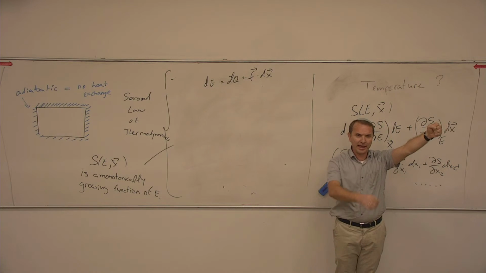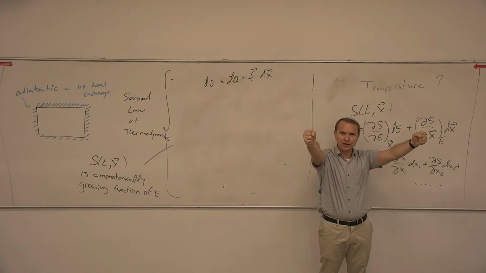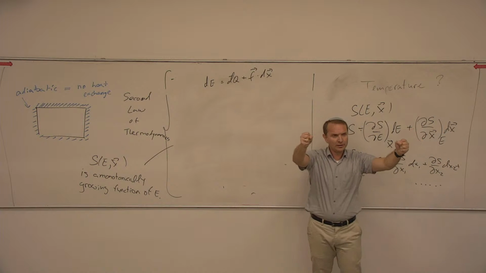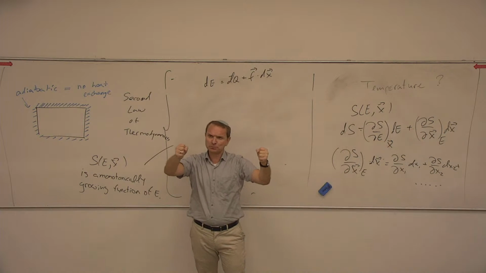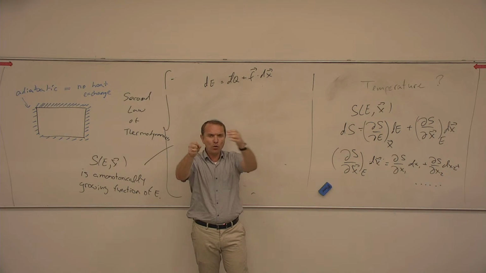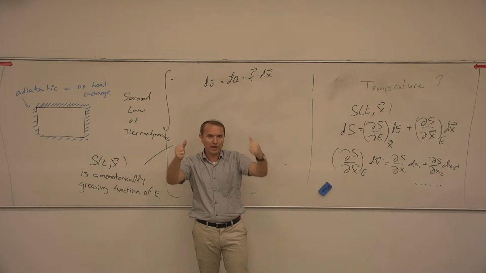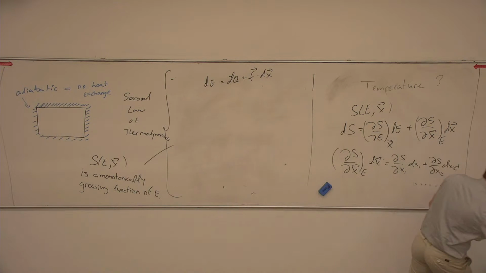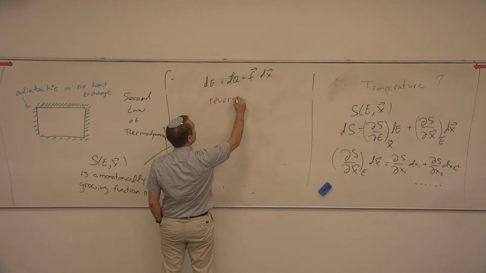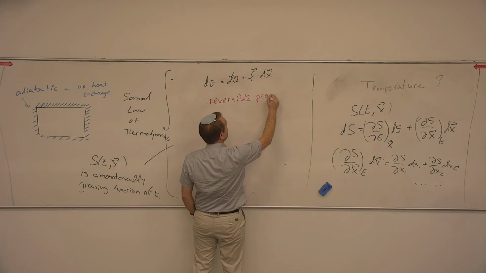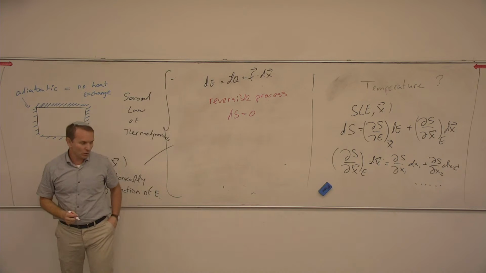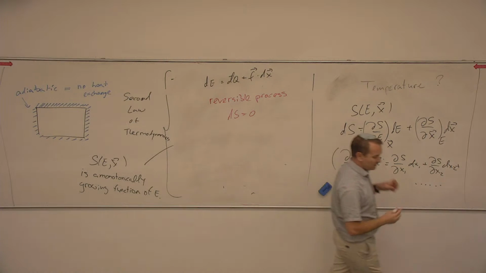If I'm starting at A and I can transform to B, and I reverse everything, I will go from B to A. So the moment that I have reversible processes, it doesn't really matter if I'm at A and I go from A to B, or I am at B and I go from B to A. The moment that I have a reversible process means that dS equals 0. So this guy is going to be 0.